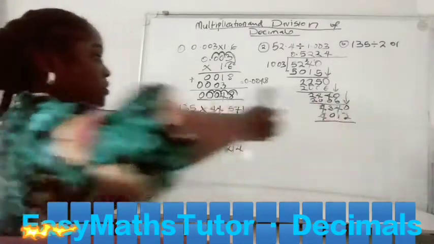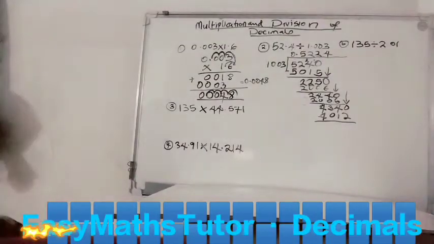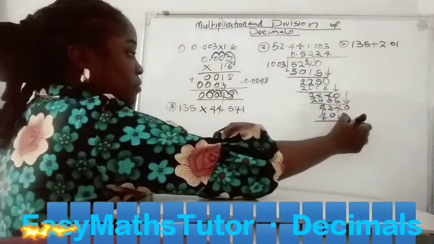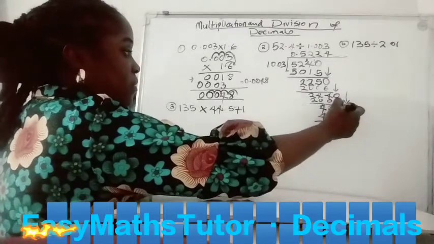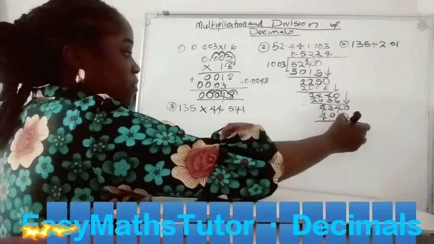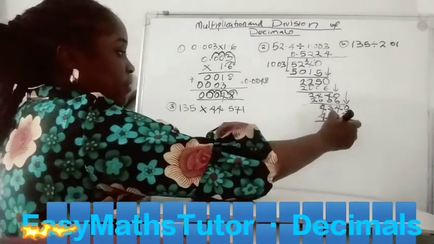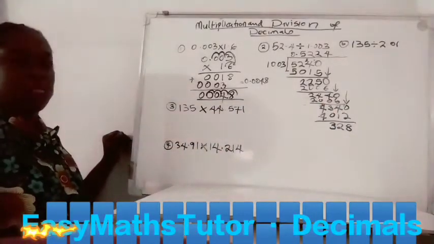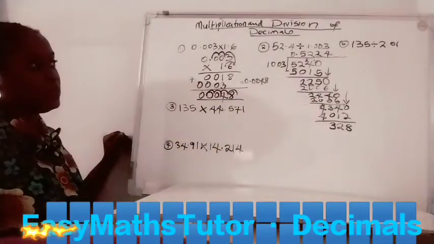So when you subtract this once again, you have 8. Remember, this is remainder 3, so this will be 2 and 3. Okay, are we clear with that?